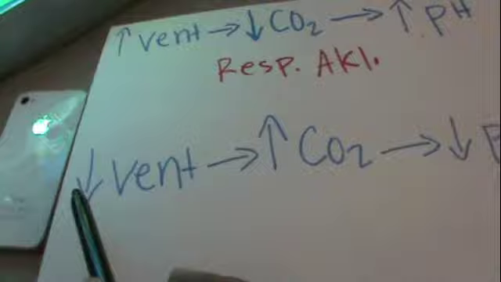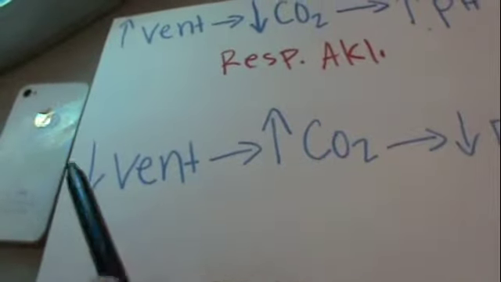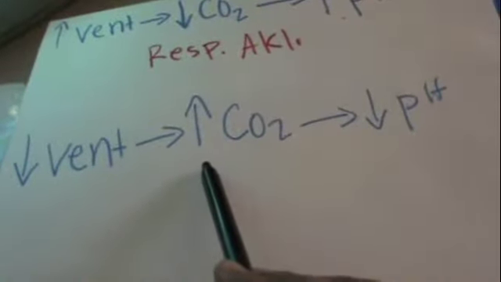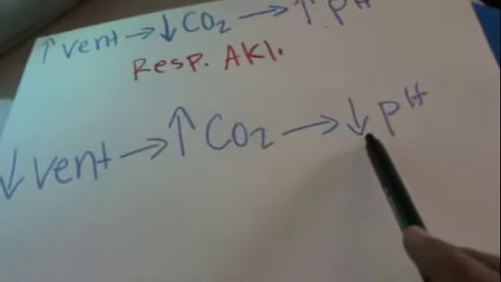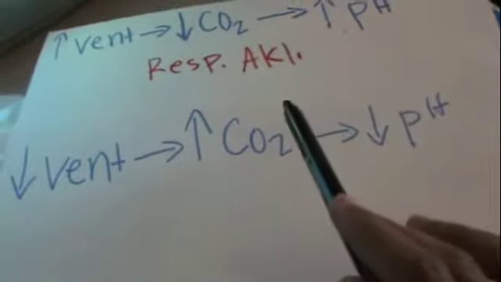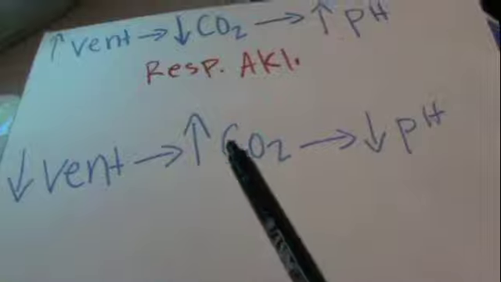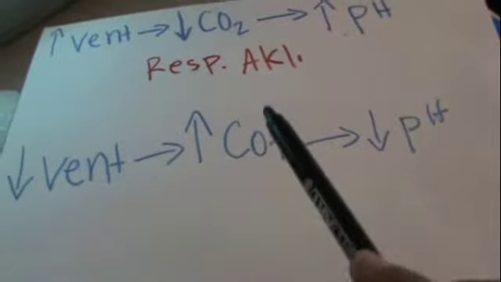This is going down, so it is acidosis, and this is going up, and this is going down. So they are opposite to each other. So what is it? It's not metabolic. It's respiratory.